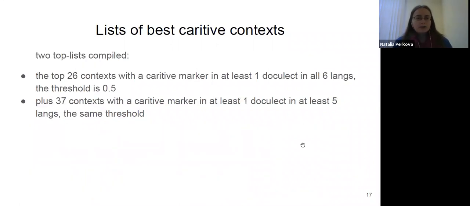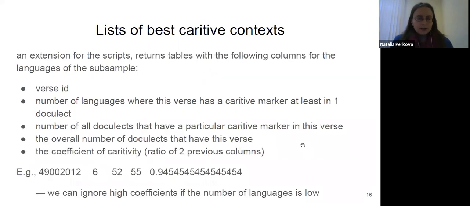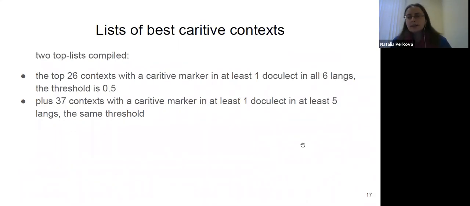So the top 26 contexts with the Caritive marker in all our 6 languages. So that was of 55, I think, doculects over the threshold of 0.5. This was an arbitrary choice, but it was like finding a certain option.